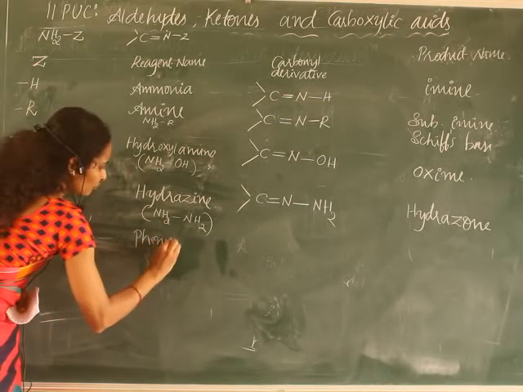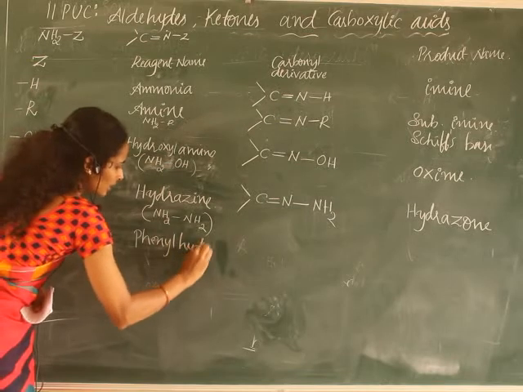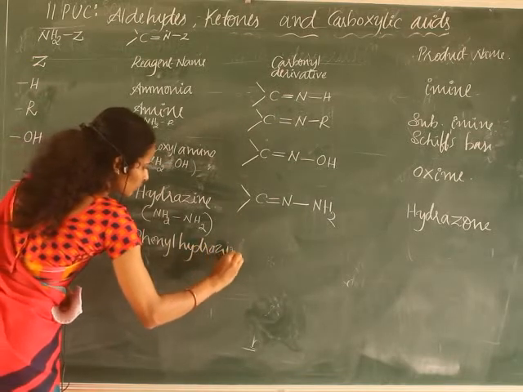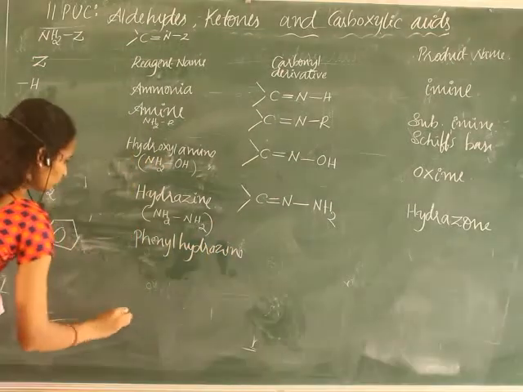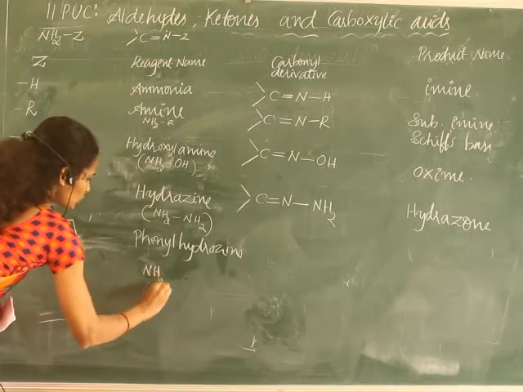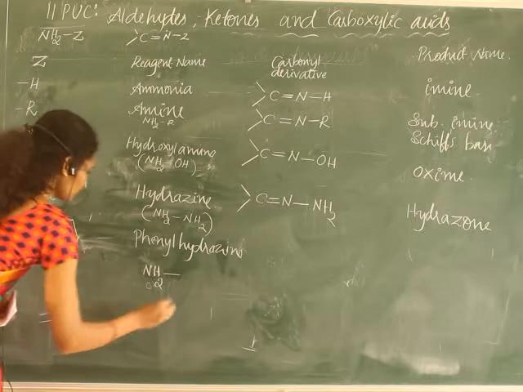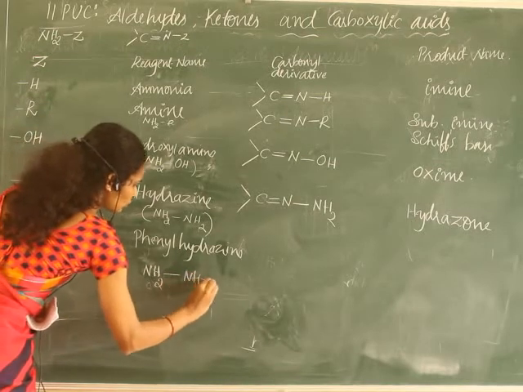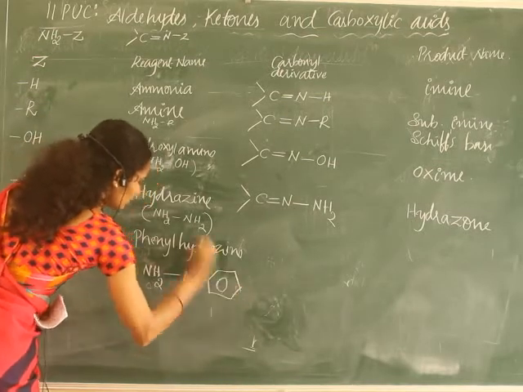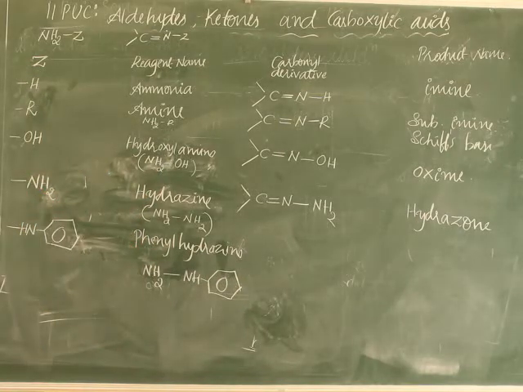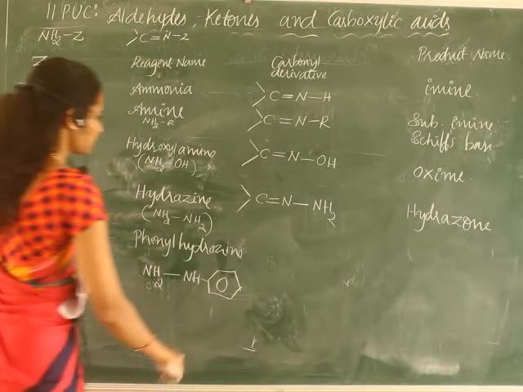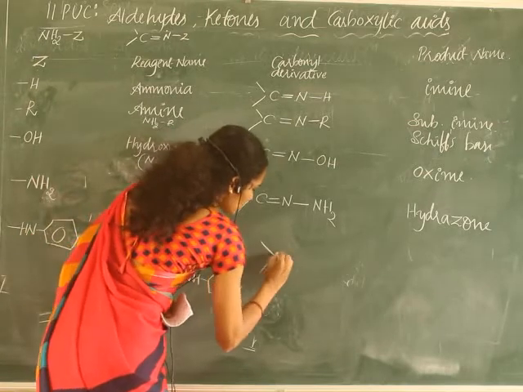And how can we write? NH2 and Z. Z is NH and benzene ring. Right? Phenylhydrazine.